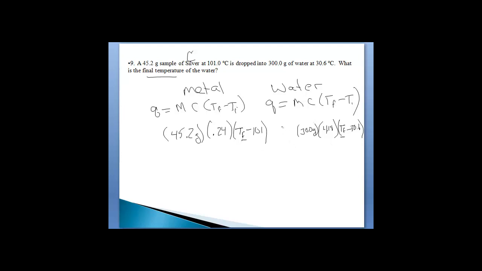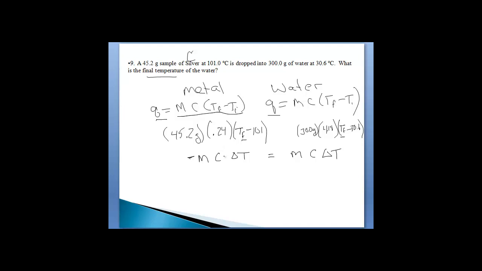The question becomes, how do we solve for Q when we don't know the final temperature and we don't know Q? So we have two unknowns. So since these Q values are equal, and Q is equal to that whole quantity, what we can say is that mc delta T is equal to mc delta T. You just have to remember to make the metal side negative.